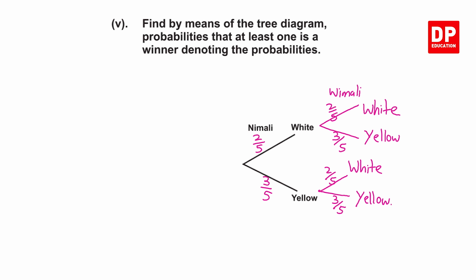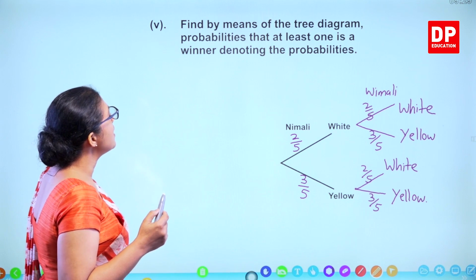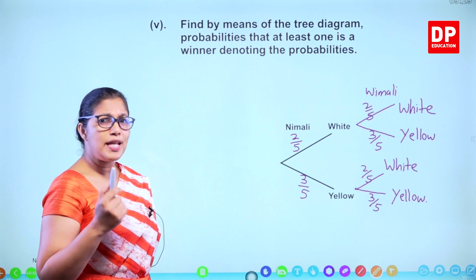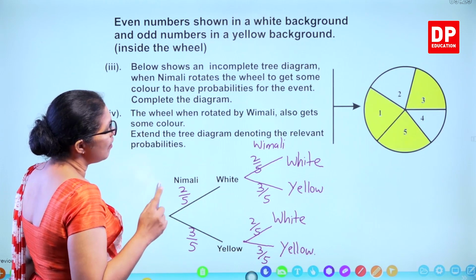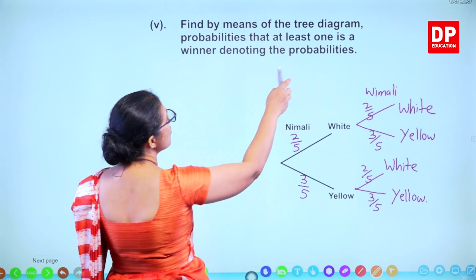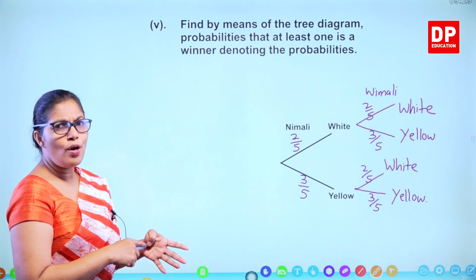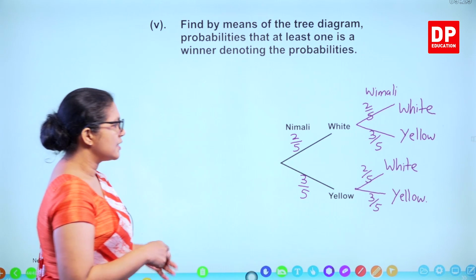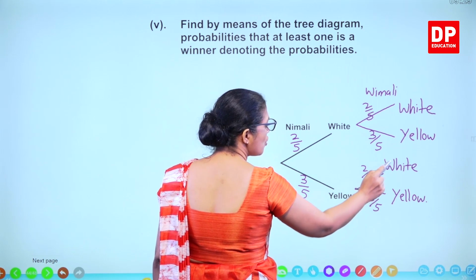Find by means of the tree diagram the probability that at least one is a winner. So winning means getting yellow color, odd numbers. So at least one means it can be one yellow or both yellows. So this is also a winning chance. This branch also a winning chance.